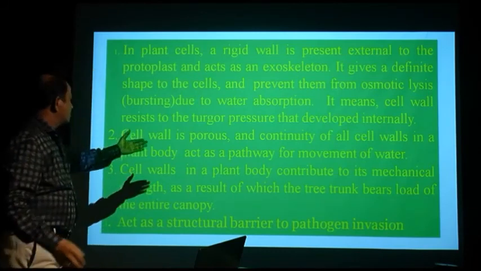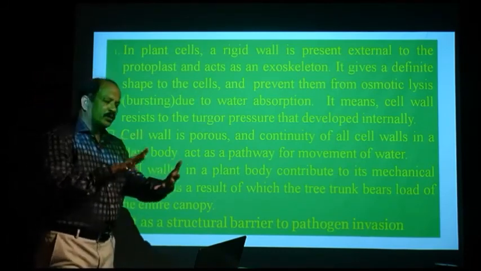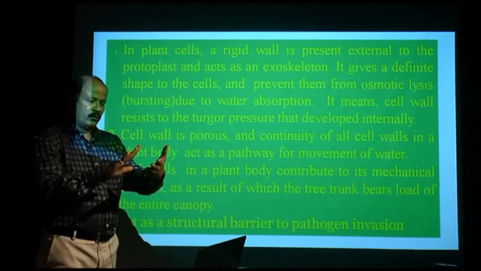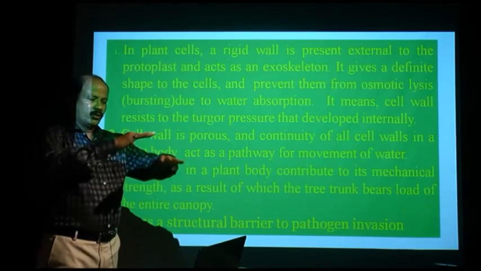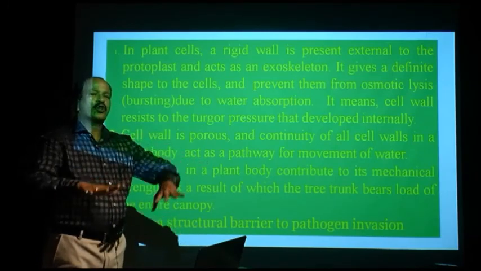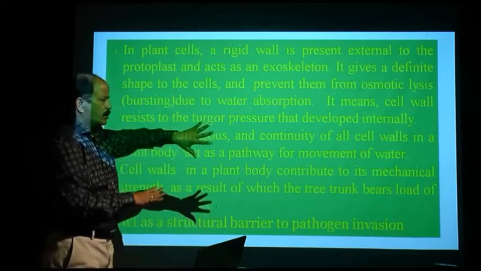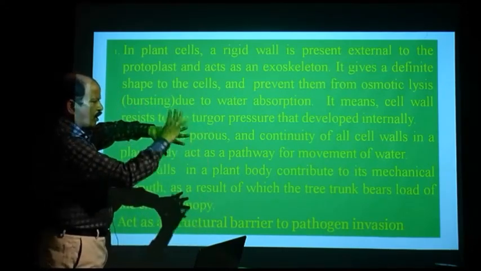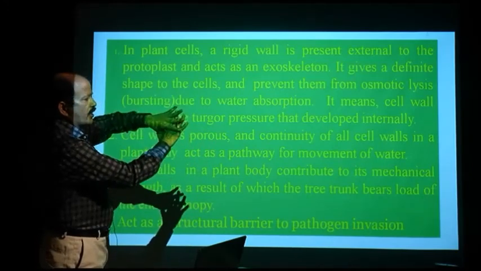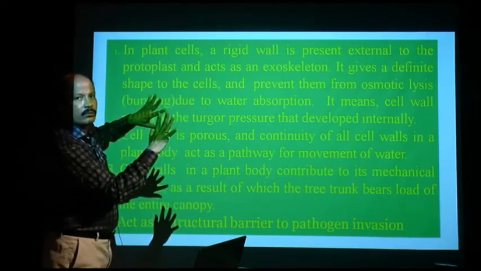And second, the wall is porous. When you deposit, think of the structure, cellulose fibers are arranged just like in a ply-like manner. You look at my hand, these are the fibers, one layer, then another layer, and there you will be getting the pores.